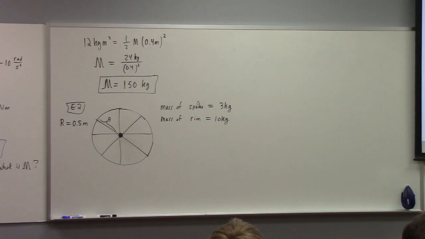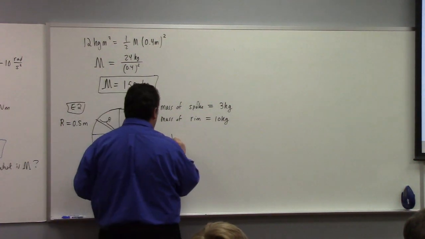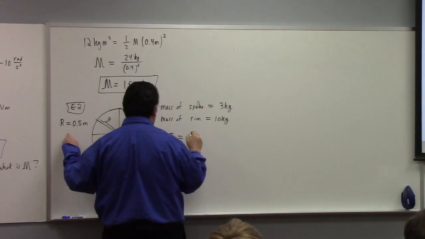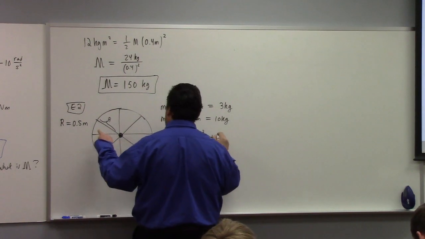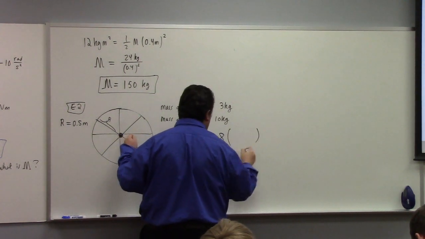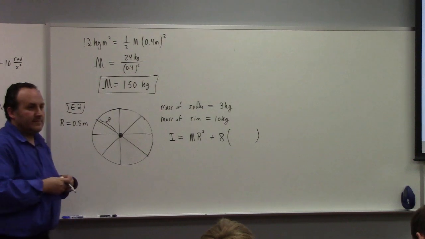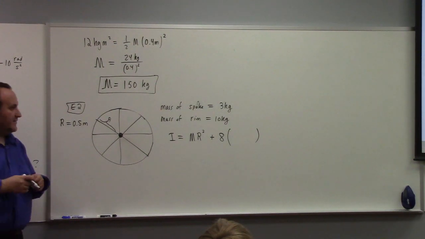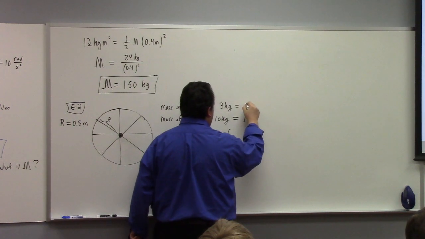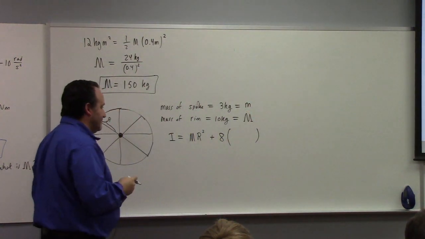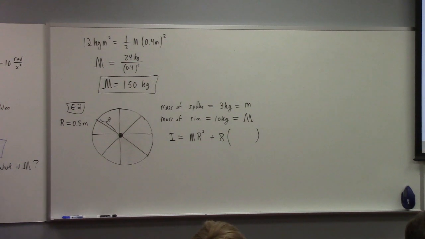So what's the moment of inertia for this then? How would you figure it out? I'll do the easy part. The moment of inertia is equal to big M r squared plus 8 times something. Here the mass of the rim is big M. I'll make the mass of the spoke little m. 1/3 m l squared.